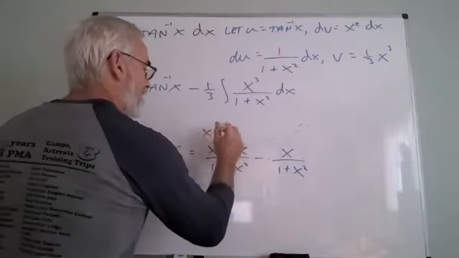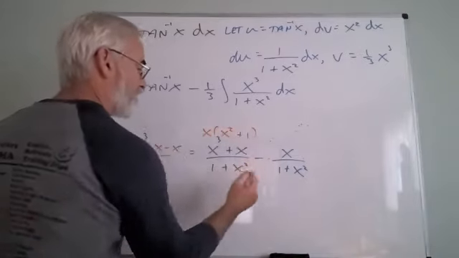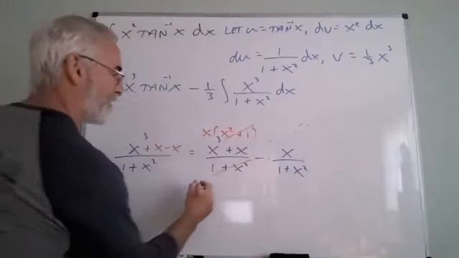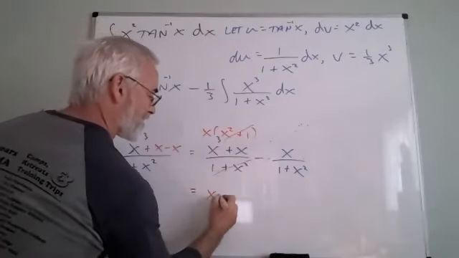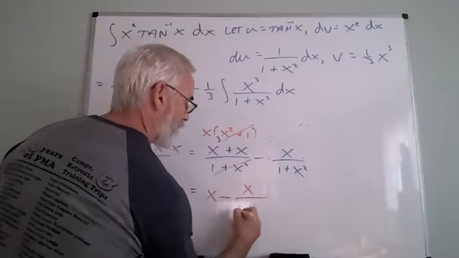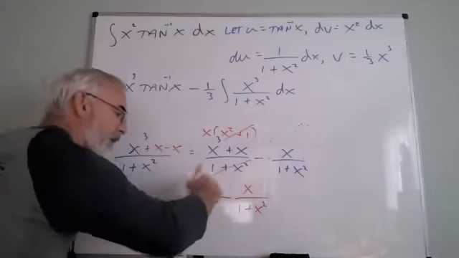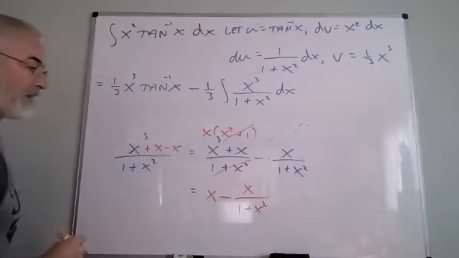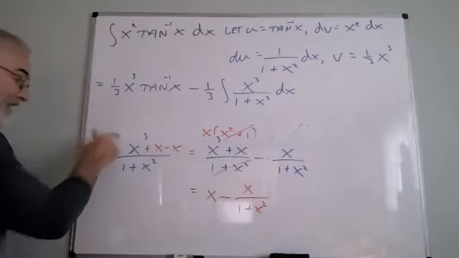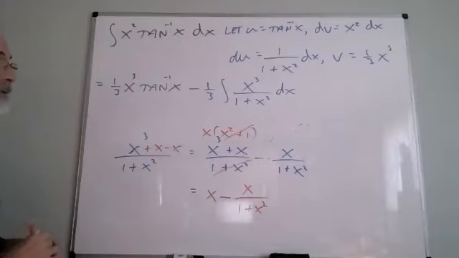So I'll write it like this. And you notice those will cancel. And this will simply be x minus x over 1 plus x squared. And once again, the check is if I put this over a common denominator, I will see that I get exactly x cubed over 1 plus x squared.